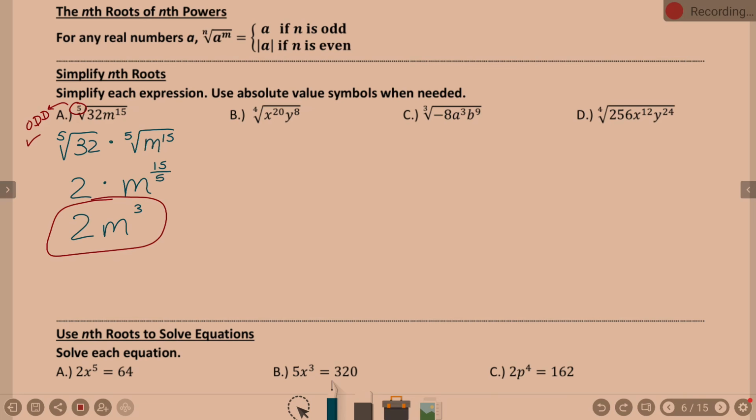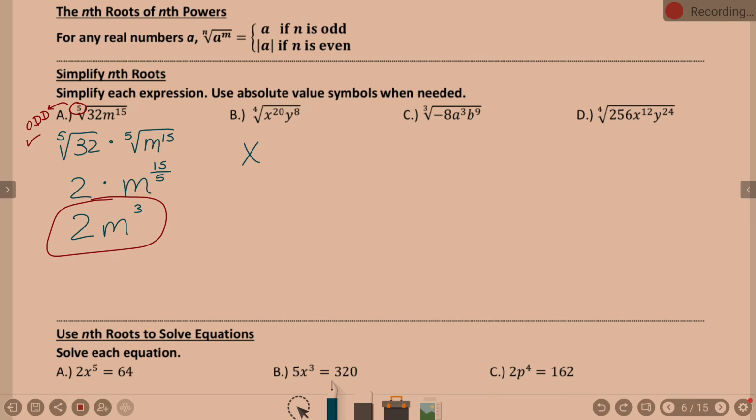Next one. Fourth root of x to the 20th, y to the 8th. Thoughts on how I can rewrite this? X to what power? There's a power of 20 and an index of 4.